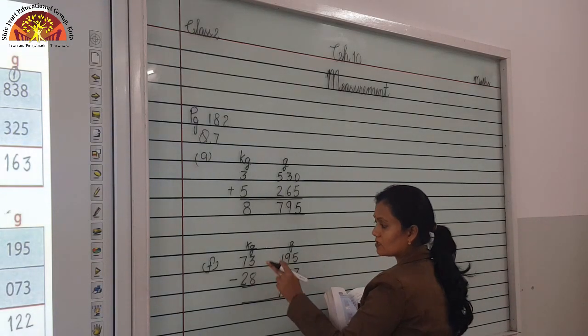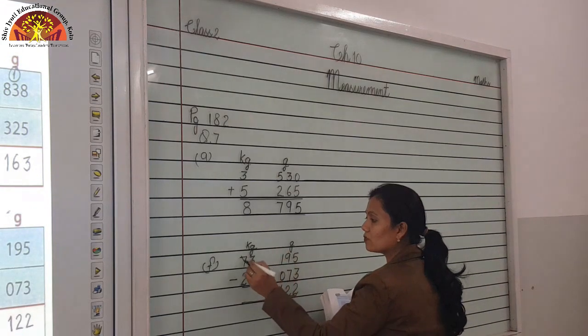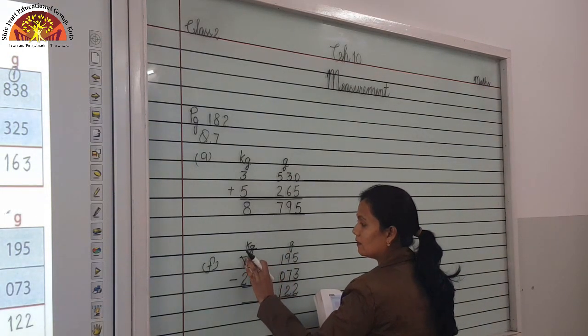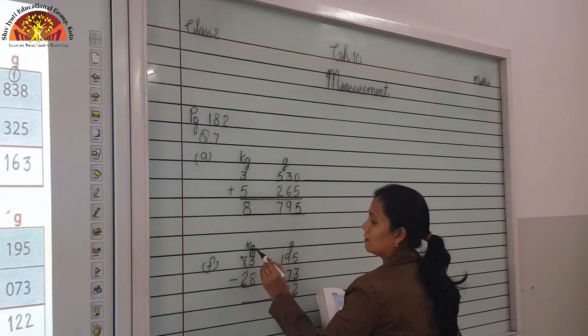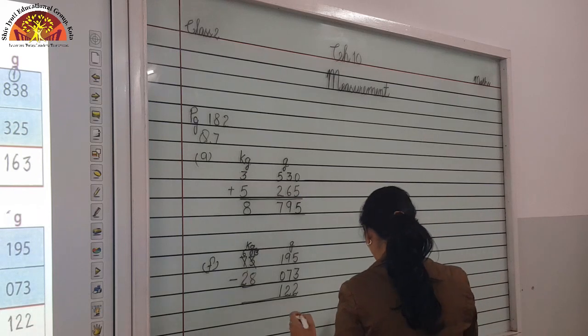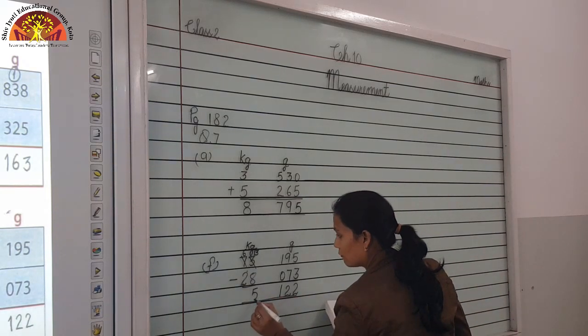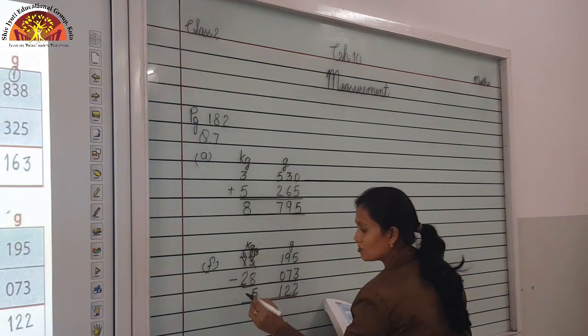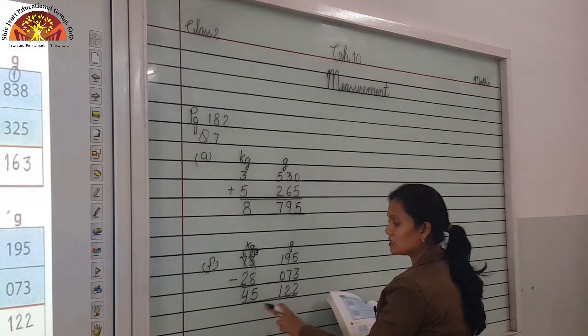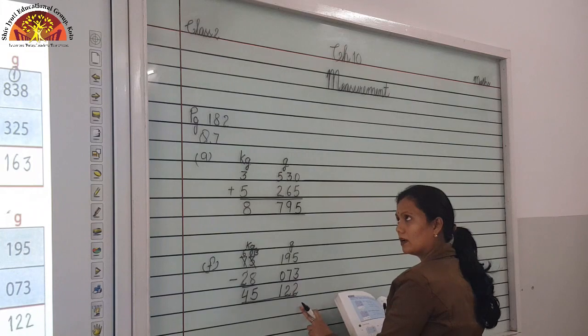Again here it is not possible to subtract 8 from 3, so we will borrow from here. This 3 becomes 13 and this 7 becomes 6. So 13 minus 8 is 5 and 6 minus 2 is 4. So our answer is 45 kg 122 gram.